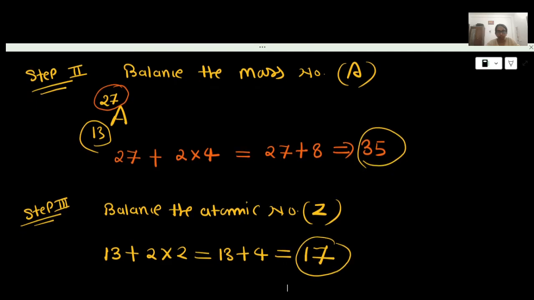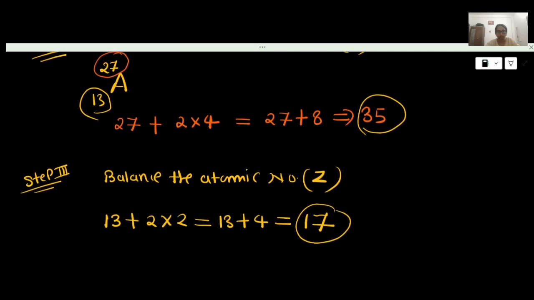Now complete this with mass number 35 and atomic number 17, because the neutron has mass number 1 and atomic number 0.